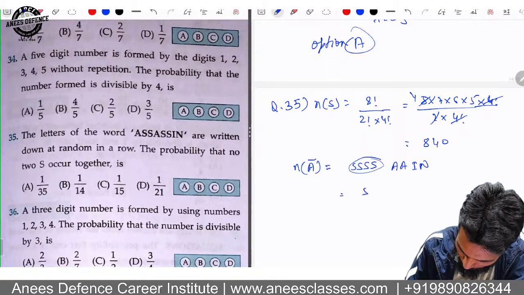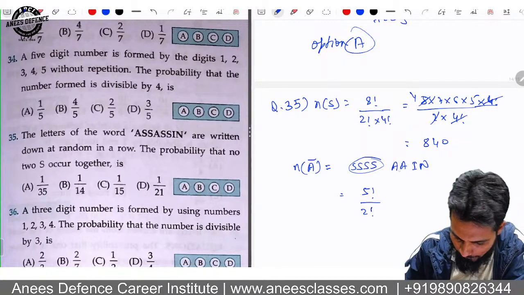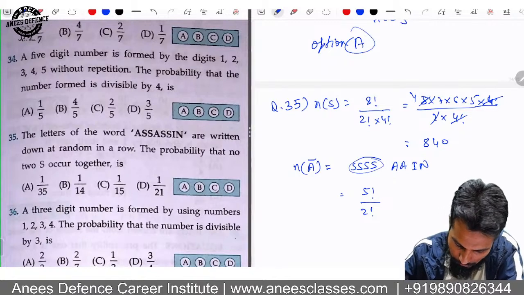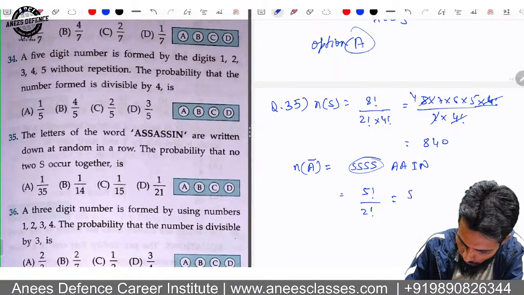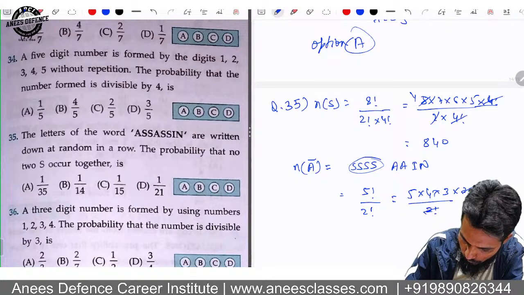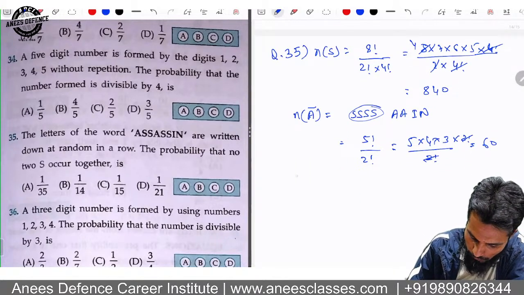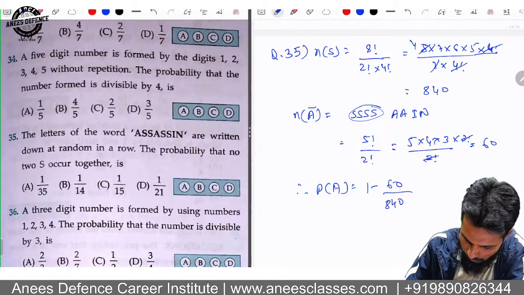So you are going to get 5 factorial divided by 2 factorial for A. Okay, A is repeating, but S is 1 unit, so you cannot take it as 1 factorial. 5 factorial by 2 factorial, what is the value? 5, 4, 3 into 2 factorial is going to cancel this 2. 20 into 3 is 60. So therefore the probability of A will be equal to 60 upon 840. That's all.